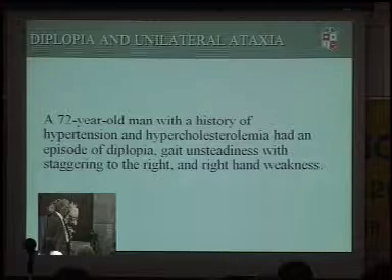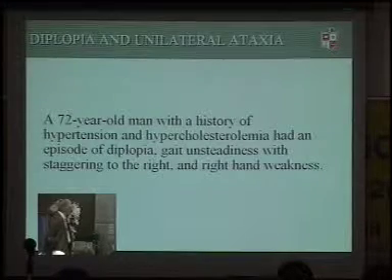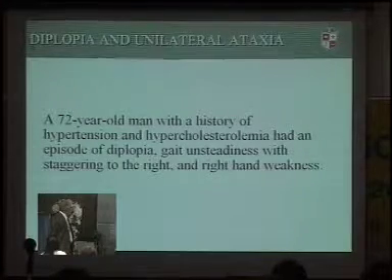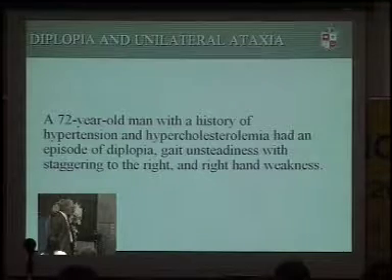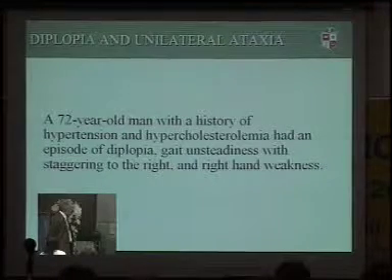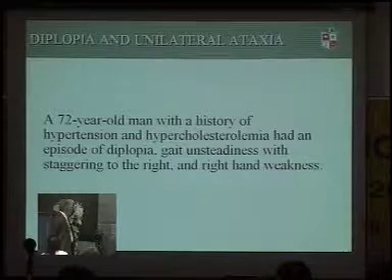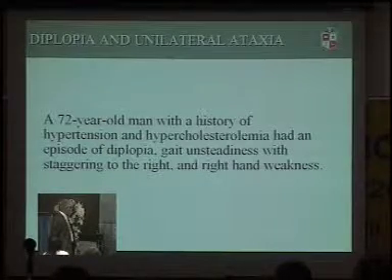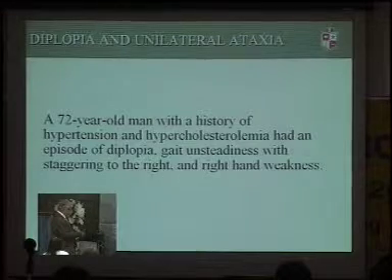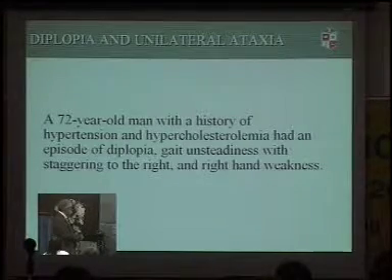Okay, a 72-year-old man with a history of hypertension and hypercholesterolemia had an episode of diplopia, gait unsteadiness with staggering to the right and right-hand weakness. I think there's another.